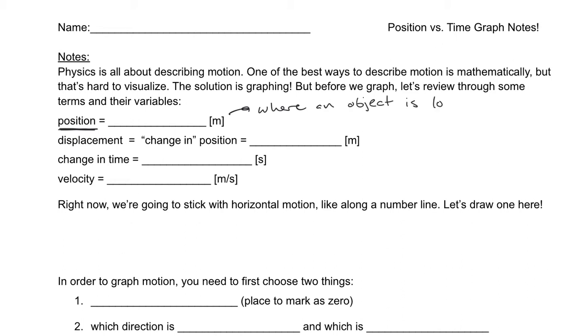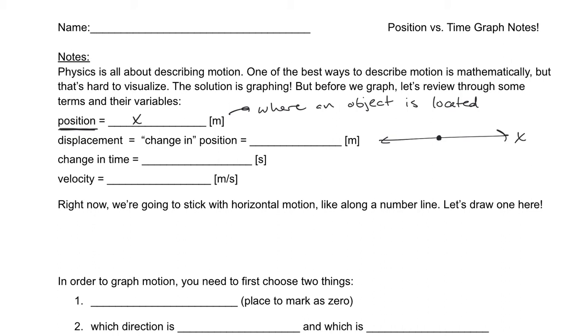We can say that X marks the spot, because this is represented as an X. We talked about last time that's because we're going to be looking at horizontal things, like on an X-axis in math. So the position horizontally is called the X.